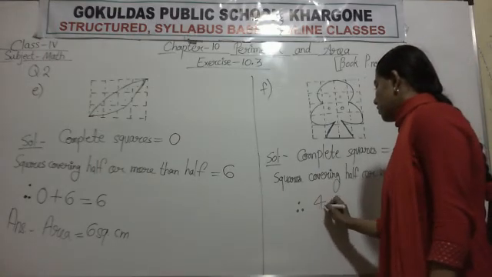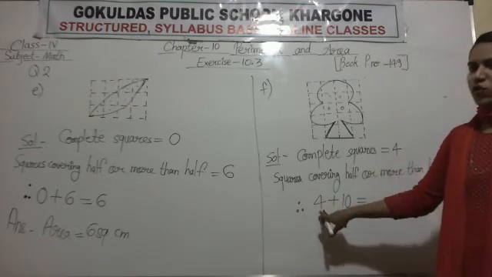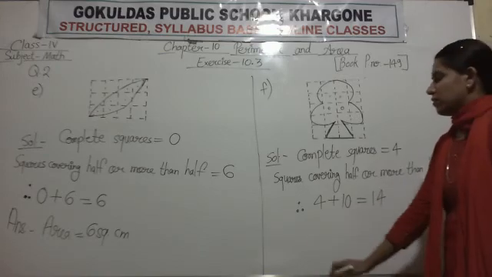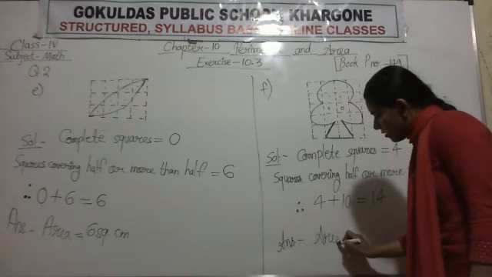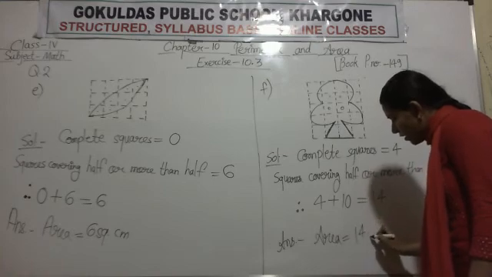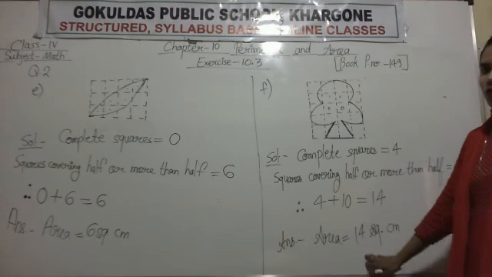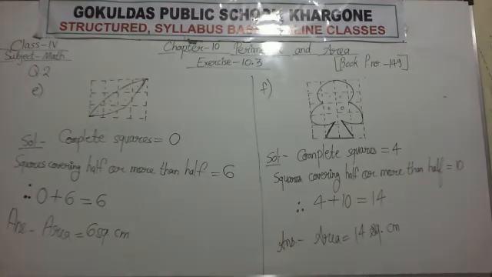So 4 plus 10 is 14. Right? So our final answer will be area is equal to 14 square centimeter. Take the screenshot of the solution.